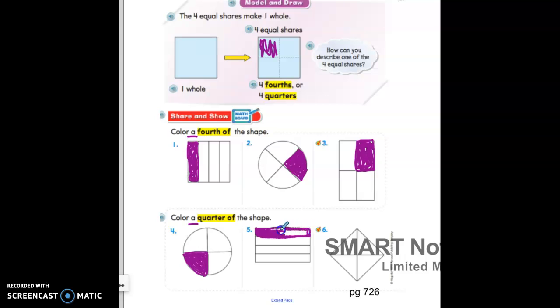A fourth and a quarter only works when all parts are the same size. Same with halves, same with thirds. Let's move on to the next page.